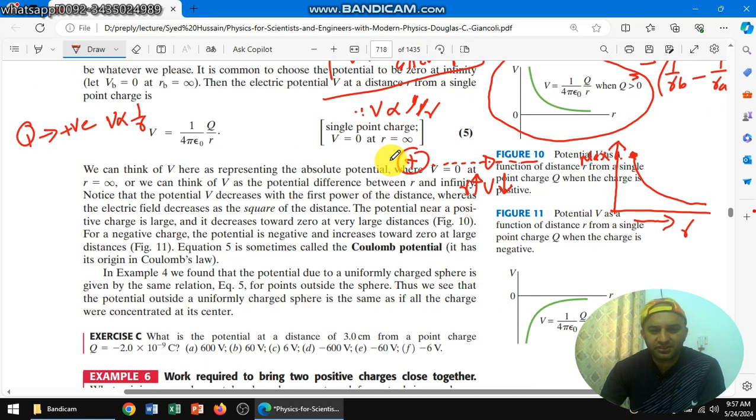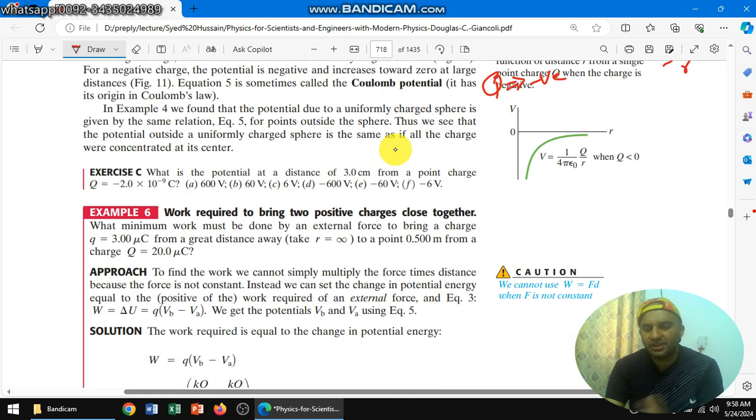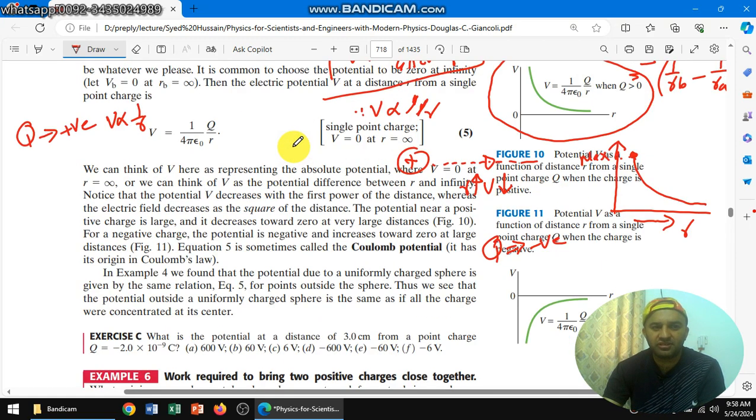If the charge is negative, for example if Q is negative, then the potential is negative at the surface, a negative maximum. Suppose for the positive case the potential is 200 volts. As we increase the distance, it decreases.